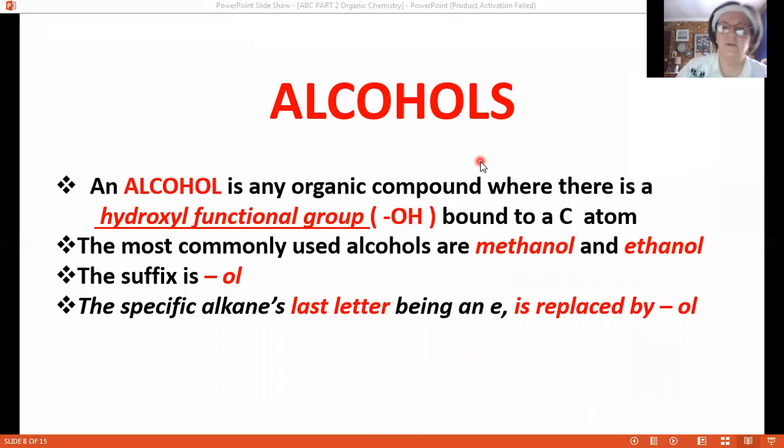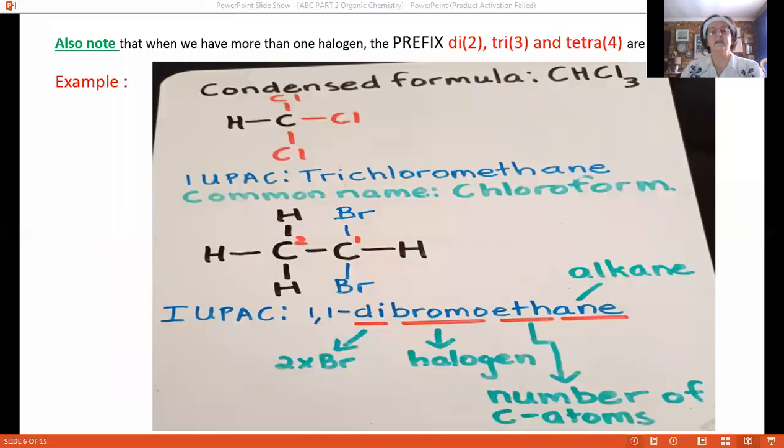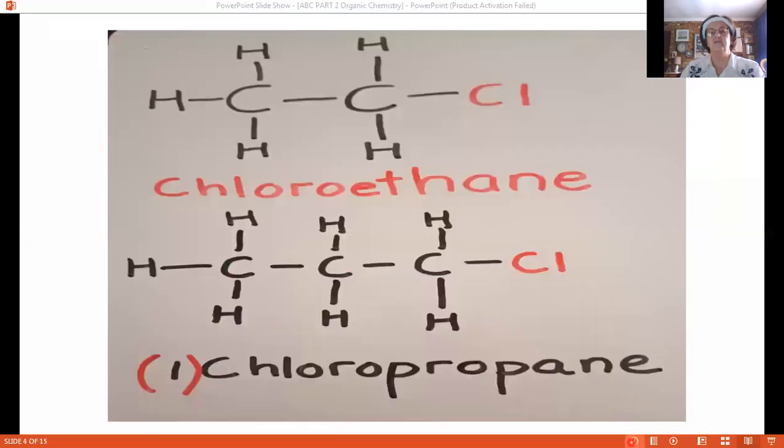Right, now we get to the alcohols. But I just want to say something quickly about the haloalkanes. If you look at your haloalkanes, let me show an example here.